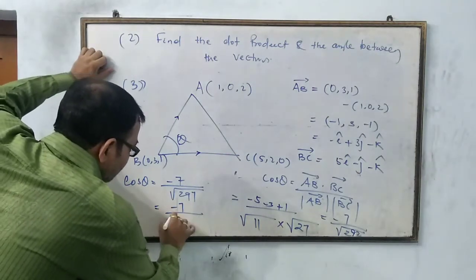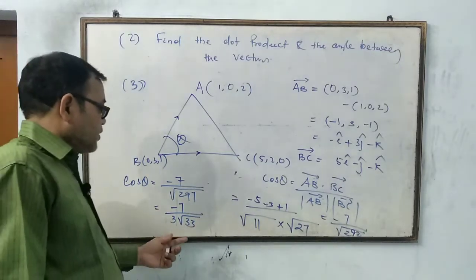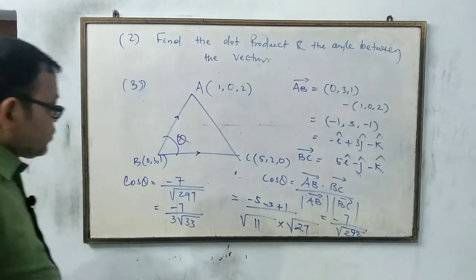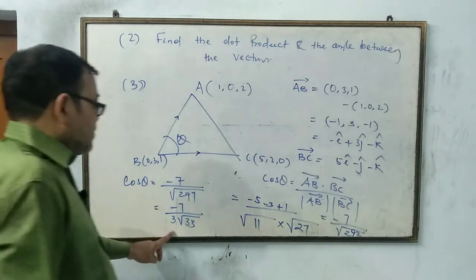So minus 7 by 3 root over 33. You see, 3 square is 9, and 33 into 9 is 297. That is cos theta equal to minus 7 upon 3 root 33.